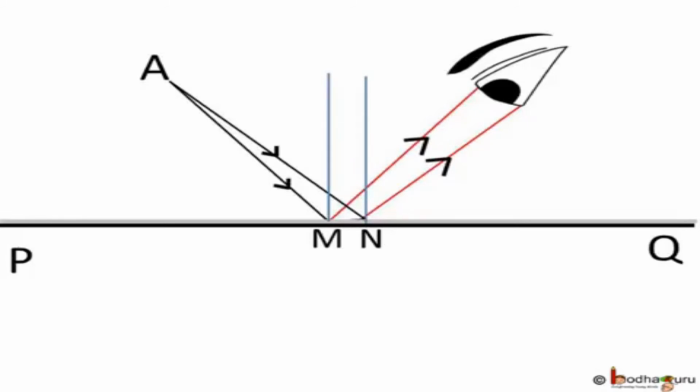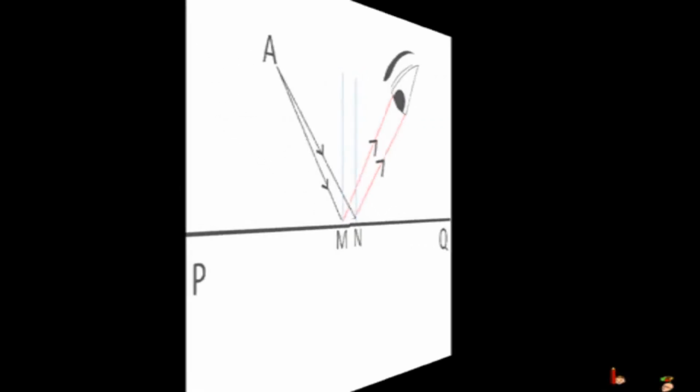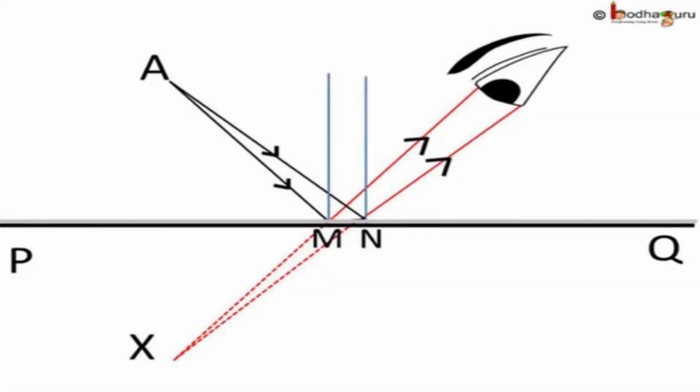Now let's draw the two normals. One at point M and another at point N. As we know, angle of incidence is equal to angle of reflection. So we can draw the reflected rays. Now these reflected rays reach your eye.